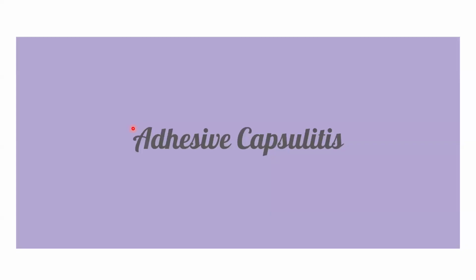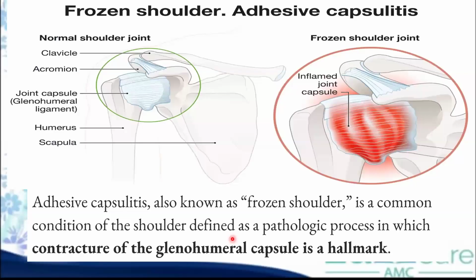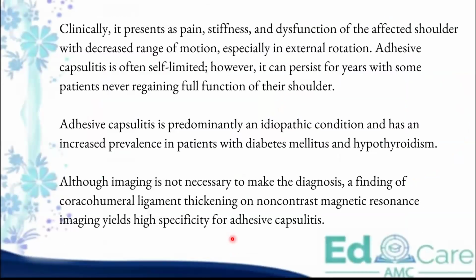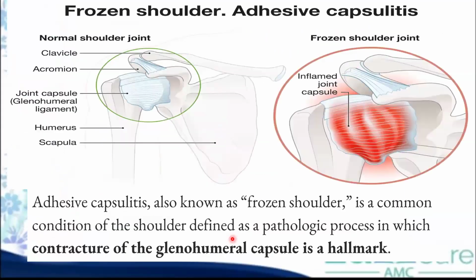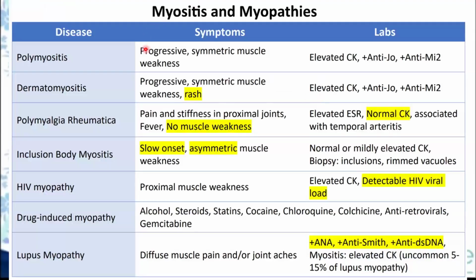So let's first go through polymyalgia rheumatica. In polymyositis and dermatomyositis, both will have a progressive and symmetric muscle weakness, right?